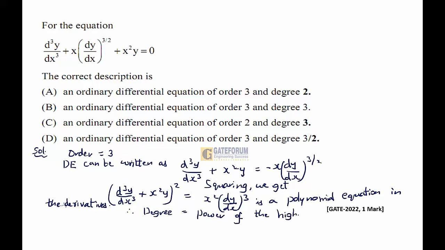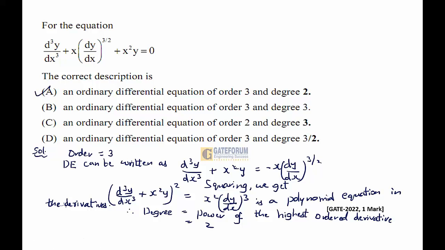So this is equal to 2. All the derivatives in the given differential equation are ordinary derivatives, dy/dx, d³y/dx³. So this is an ordinary differential equation of order 3 and degree 2. Accordingly, the option is A.